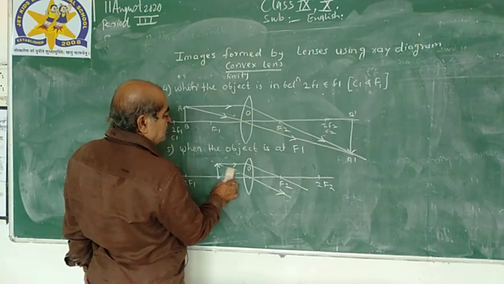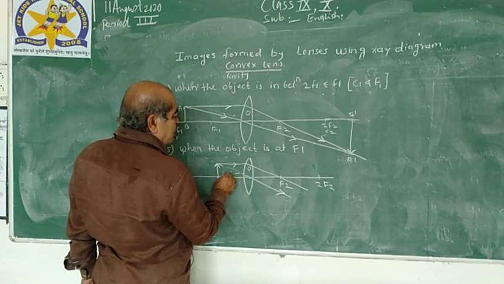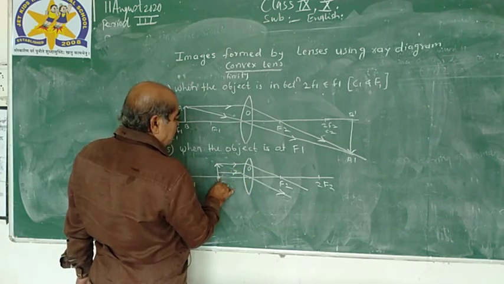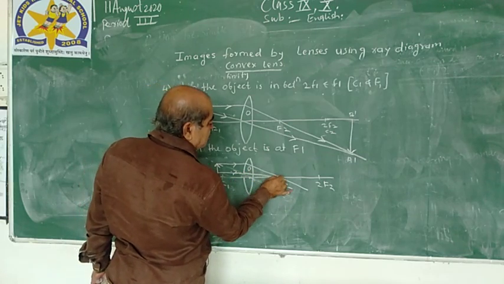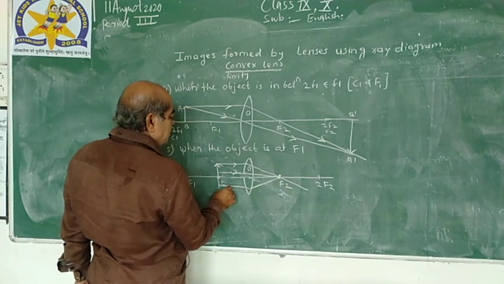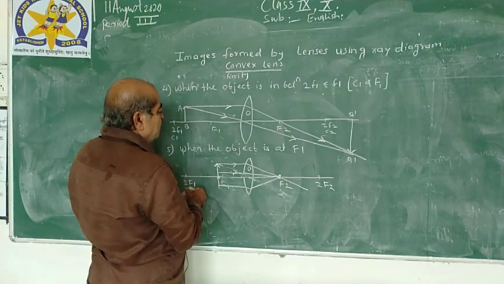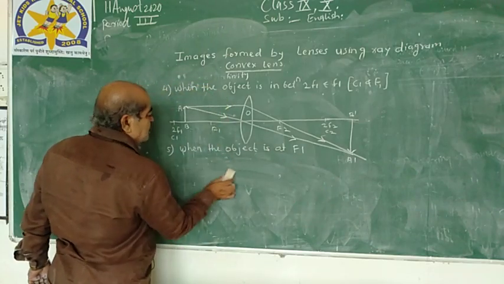That is, in this case, if you take another ray, it again passes through the principal focus. Here we explain it like this.